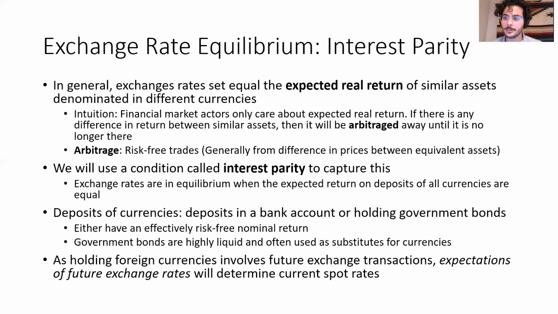That's what we mean by the expected real return. If we're going to hold a foreign asset, we need to convert our dollars to that foreign currency to buy the asset. But then at the end of the period where we're holding it, we need to convert our returns back into dollars. So we need to account for both the spot rate and the expected future rate. And so the expectations of future exchange rates are going to be an important determinant of current exchange rates.